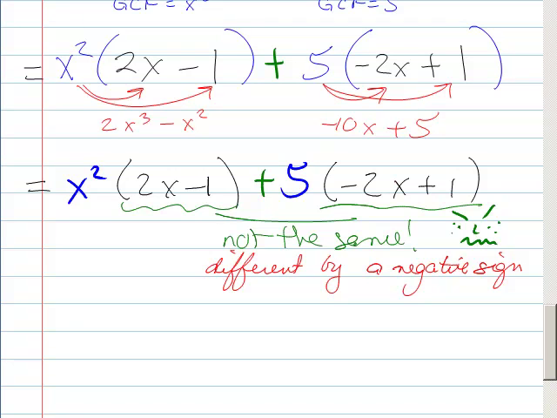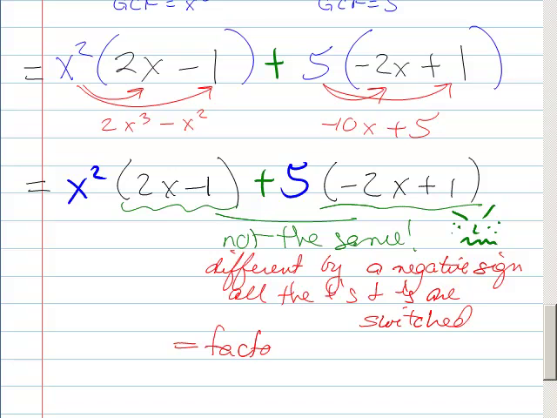So what you can actually do, if you have something that looks exactly the same, except all the pluses and minuses are switched, is factor a negative 1 out of one of the terms.